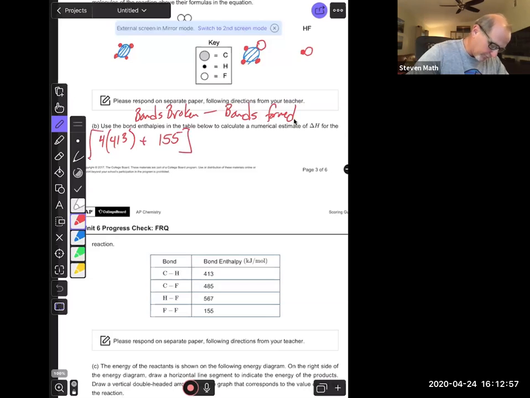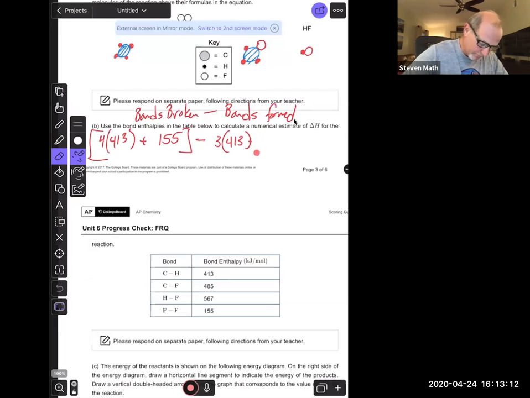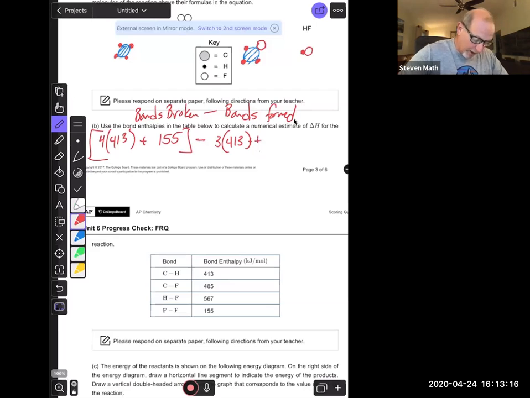Bonds broken minus bonds formed. Well, in this case, I'm going to form 3 413s, plus I'm going to make 1 C-F, which is going to be 485, plus I'm going to make 1 H-F, which is going to be 567.